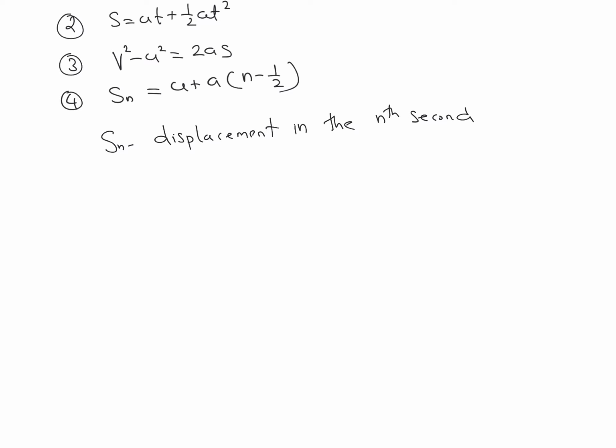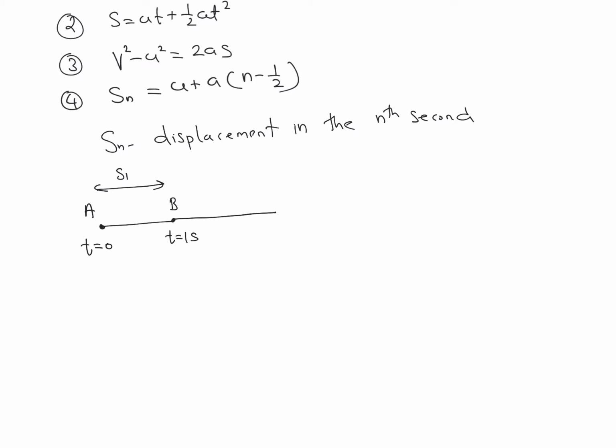So let's see what we mean by displacement in the nth second. If an object is starting from point A and it is moving with a constant acceleration, at t = 0, when time is equal to 0, the particle was at point A, and when time is equal to 1 second, it reaches the point B. So this distance, we can take it as the distance traveled by the particle in the first second.